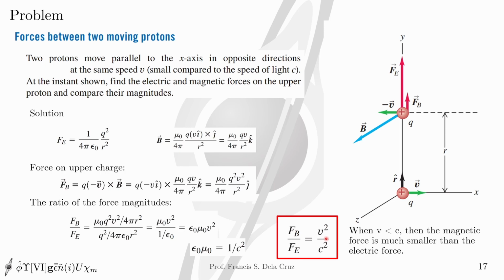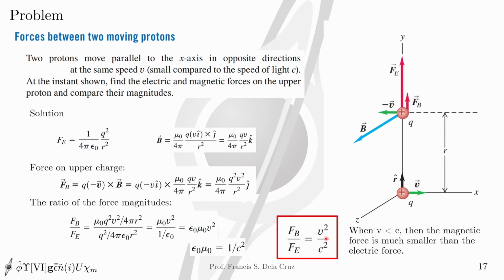But in most cases, these protons will not move at the speed of light. Much less than, or sometimes maybe 90%, 80% of the speed of light, 75% of the speed of light. You can accelerate them up to 99.99999 percent of the speed of light, but still it's not the speed of light. Therefore, we can say that the magnetic force is much smaller than the electric force.